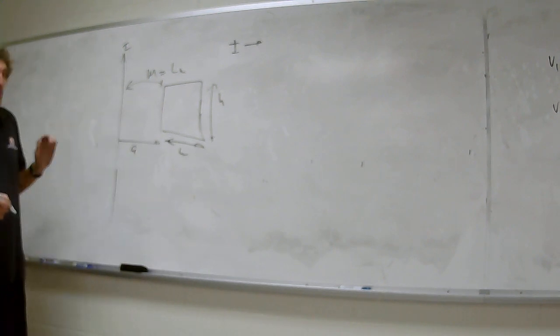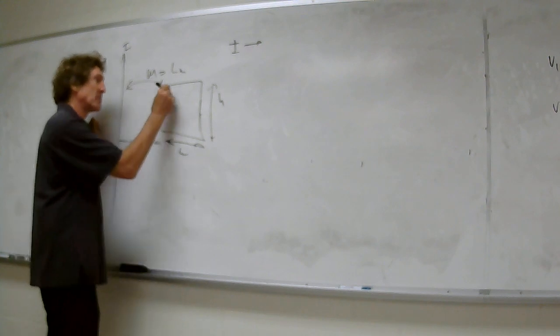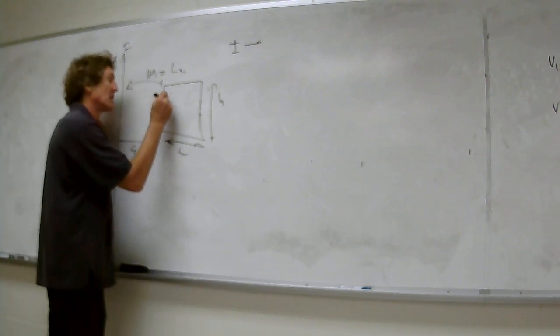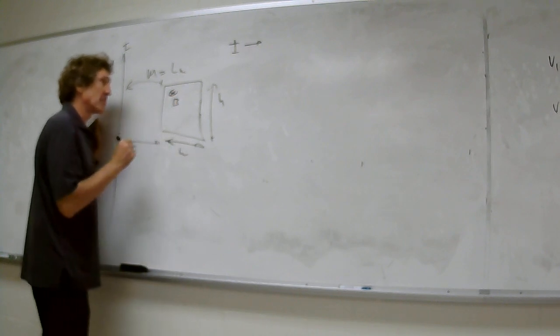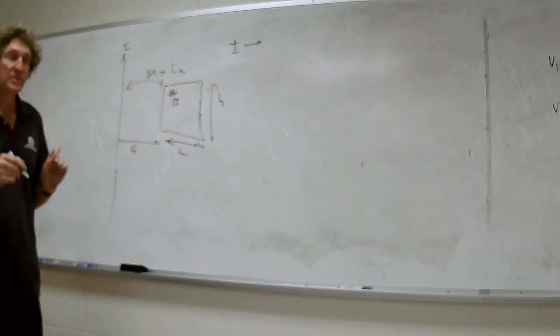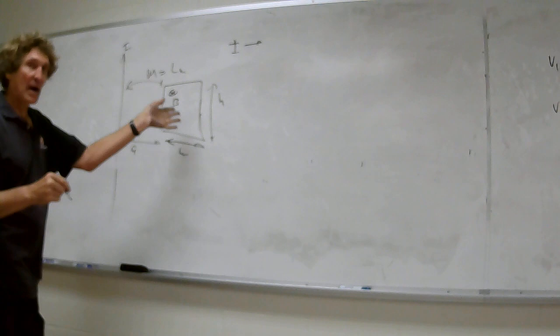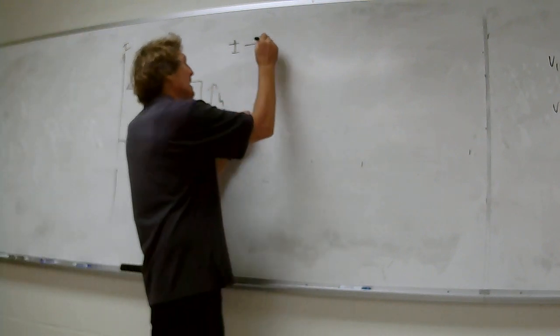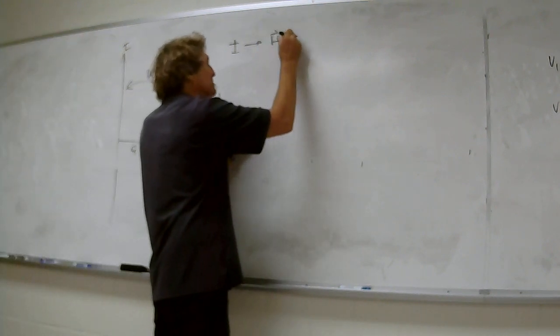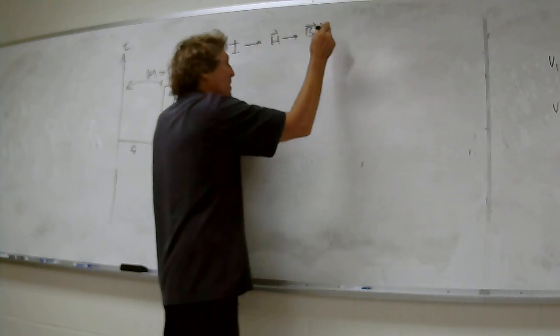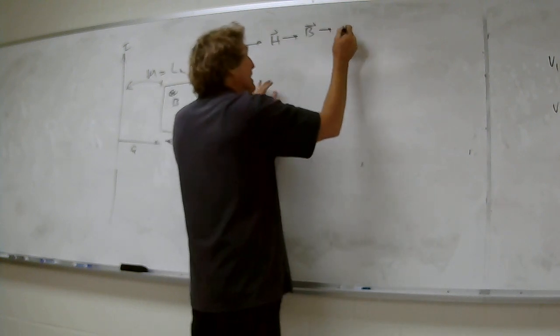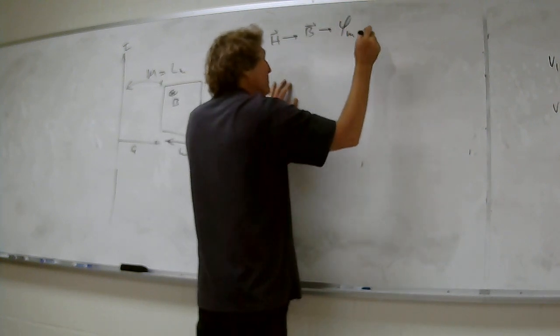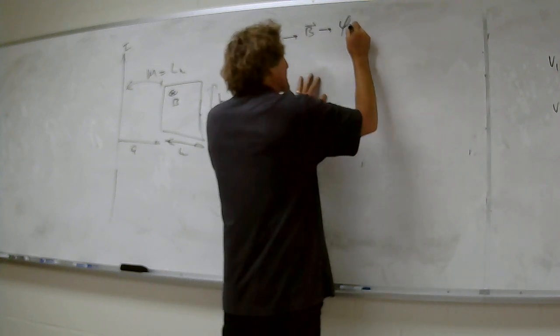After I assume I, what I need to do is calculate the B field here into the loop, right? And let me just say where I'm going with this. From I, we're going to get H. From H, we're going to get B. Once we get B, we're going to calculate something called the flux penetrating that loop.